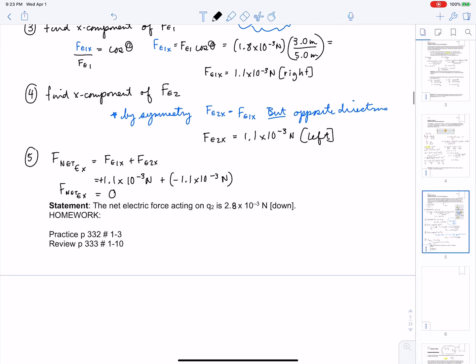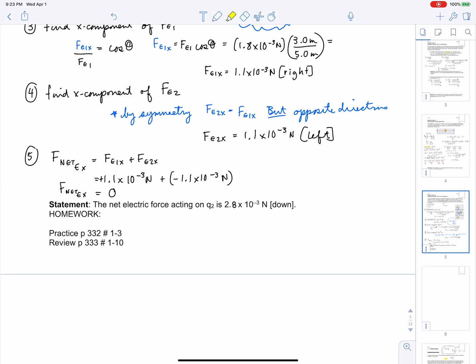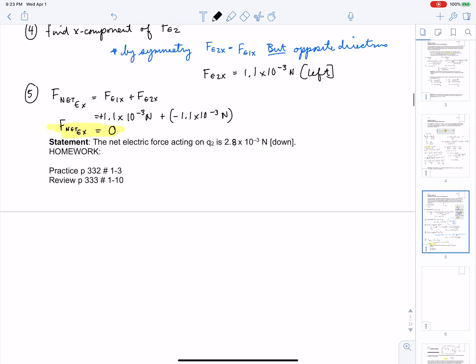Okay, so we found the net force in the x direction. Our next step is to find the y component of Fe1, and then we'll find the y component of Fe2.